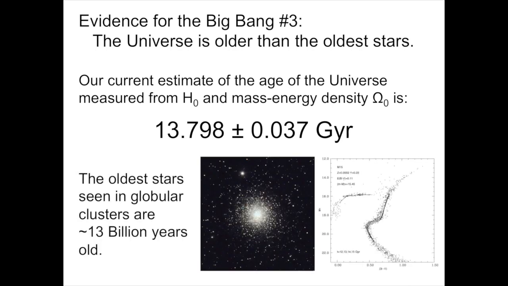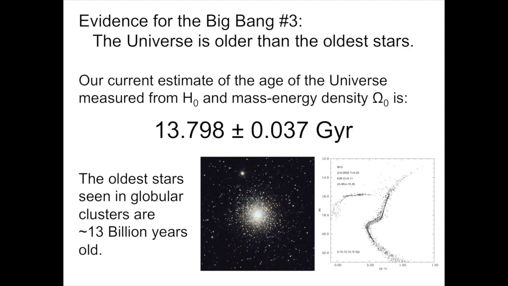Further corroborated is the fact that this age is older than the oldest stars that we see through the universe. The oldest stars and globular clusters are approximately 13 billion years old, for example, as being derived from the shape of the Hertzsprung-Russell diagram for a globular cluster like M15, where the age of this globular cluster is approximately 13 billion years old.